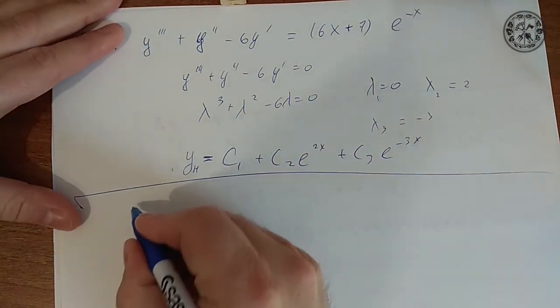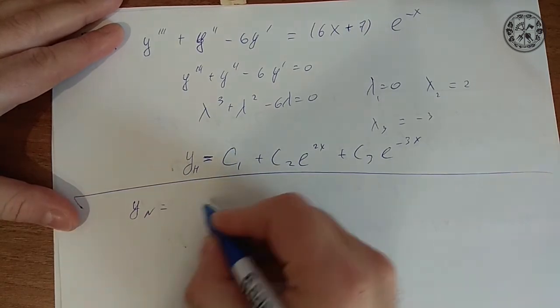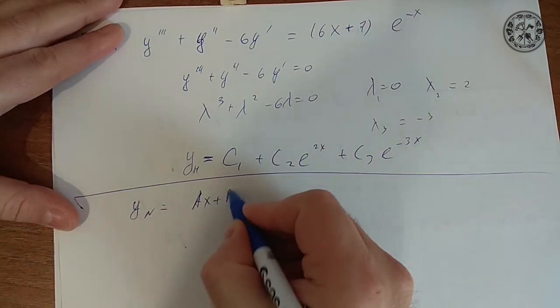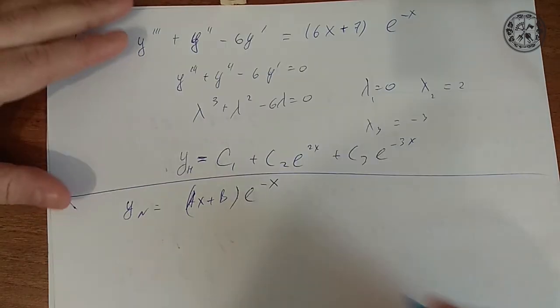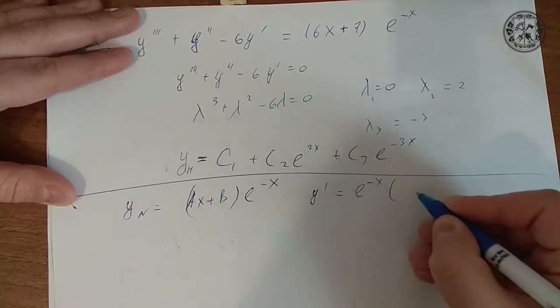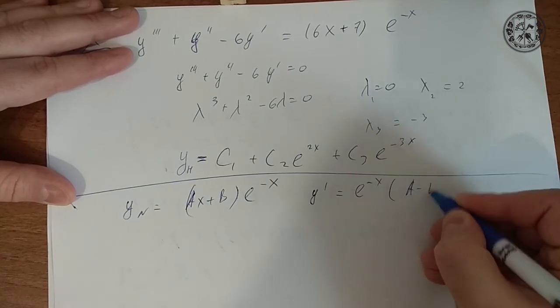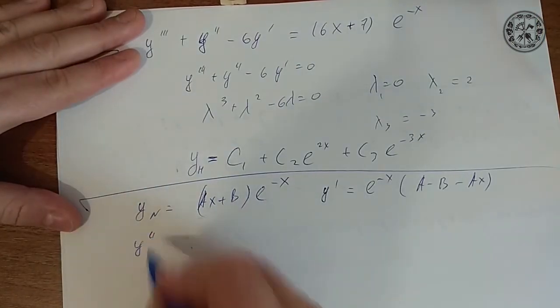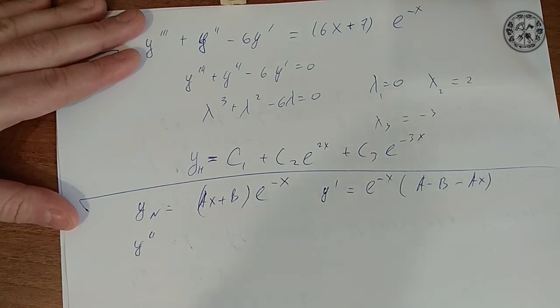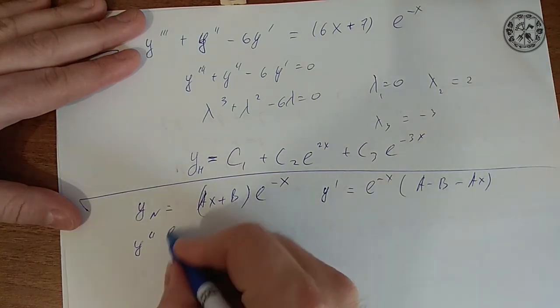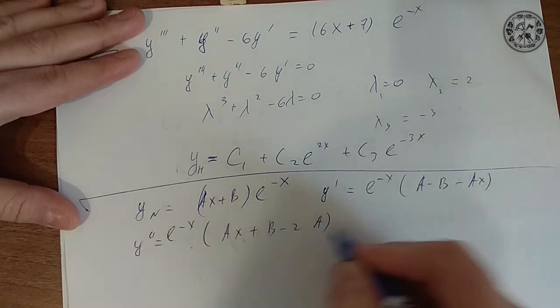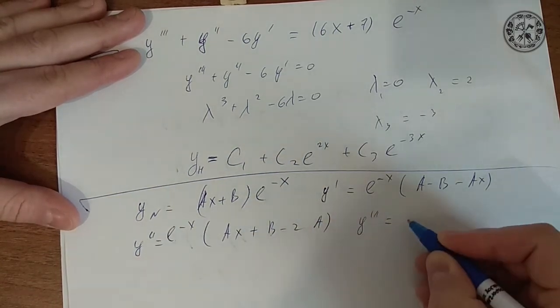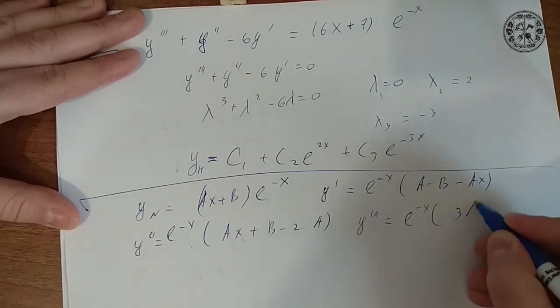So yn will be ax plus b by exponent power minus x. Y prime will be exponent minus x times a minus b minus ax. Y double prime will be e power minus x by ax plus b minus 2a, and y triple prime will be e power minus x times 3a minus b minus ax.